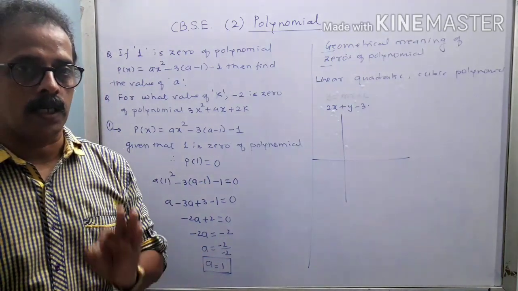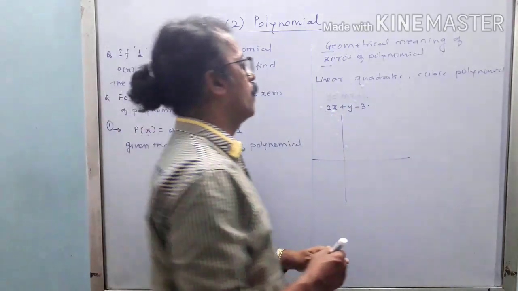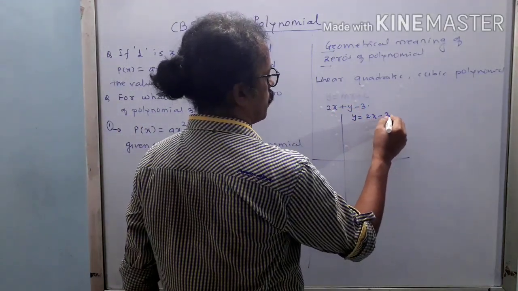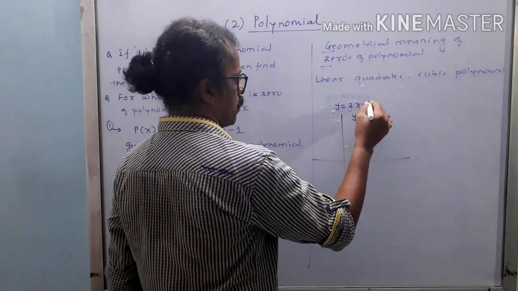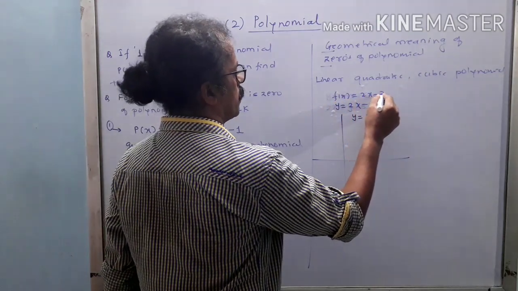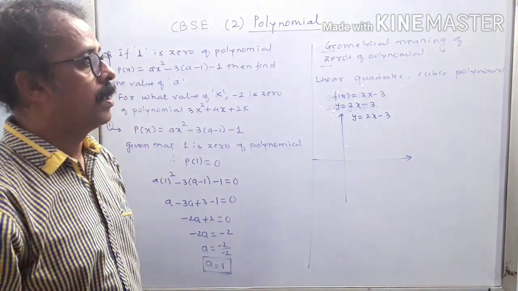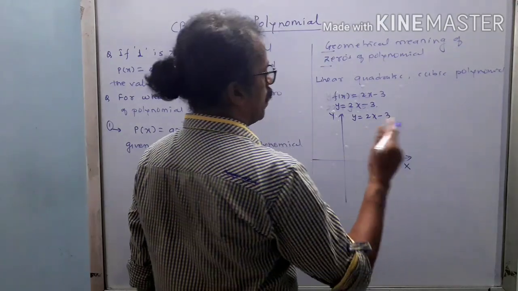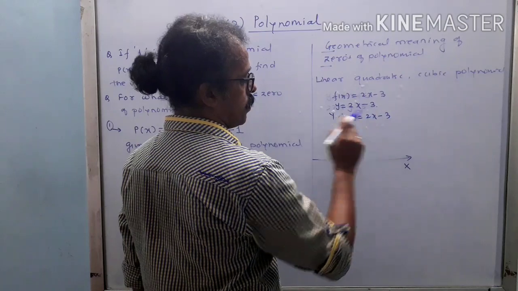Then suppose I express y is equal to 2x minus 3, so this expression we need to write as y is equal to 2x minus 3, which is nothing but f of x is equal to 2x minus 3, right? Now if you remember your graph which you drew in your 9th standard, where this is y, this is x, at y is equal to 0, we get x is equal to 3 by 2.